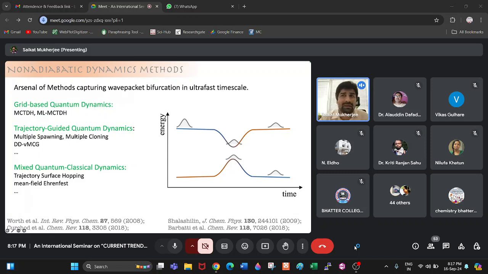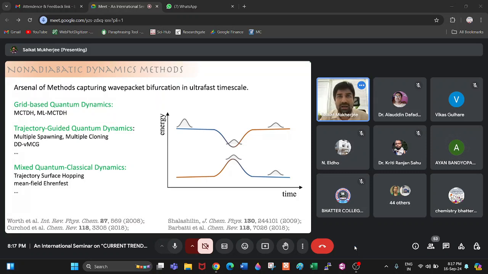We also have trajectory-guided quantum dynamics developed by Todd Martinez at Stanford University. We call it multiple spawning. Basically, these trajectories are propagating classically, but the nuclear wave packet is constructed by again solving the time-dependent Schrodinger equation. That is why it is called trajectory-guided quantum dynamics.